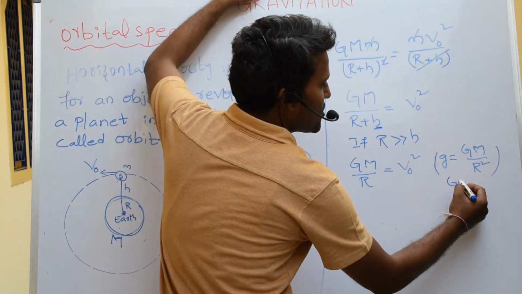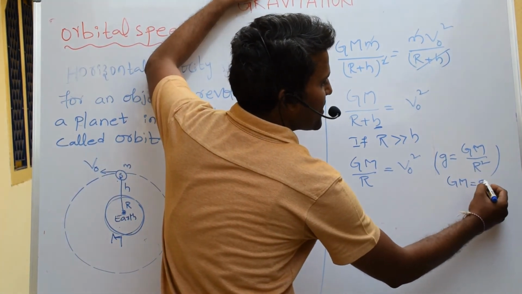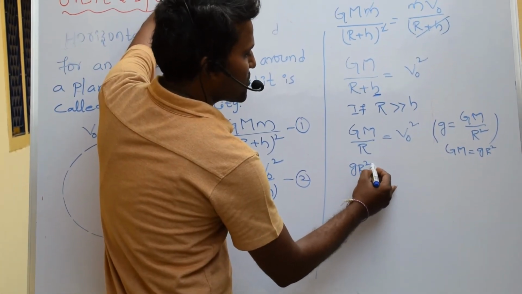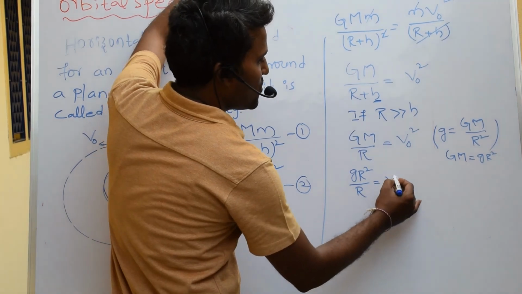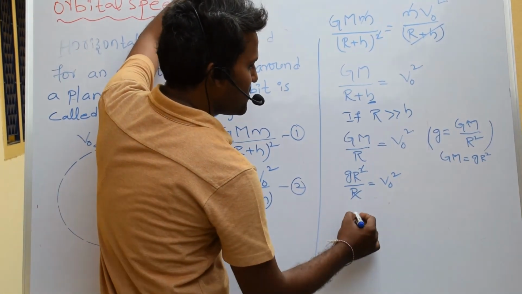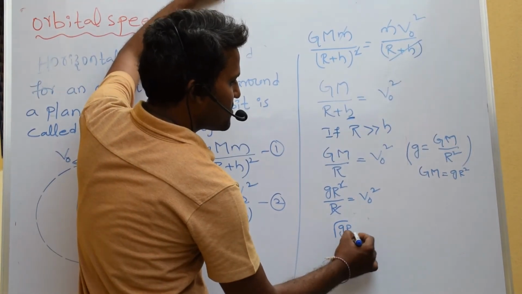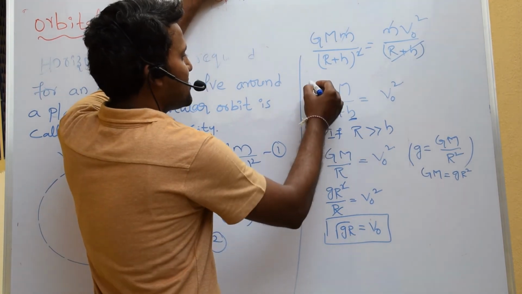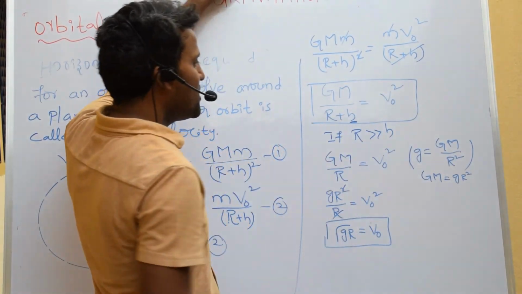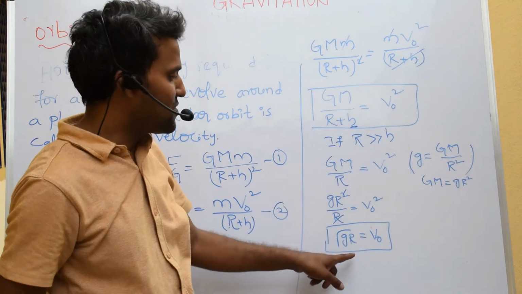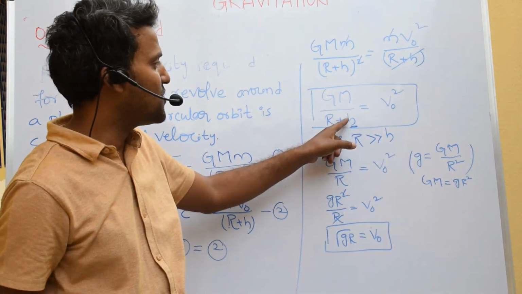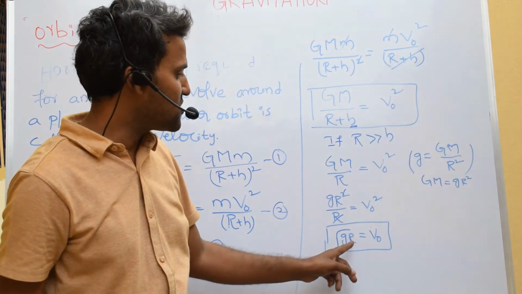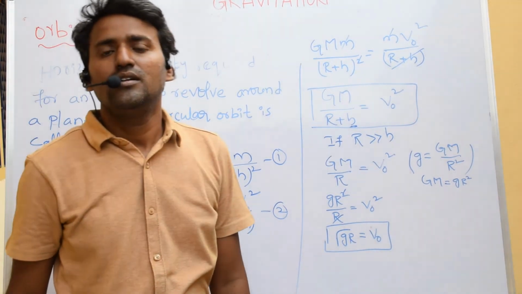So GM is equal to g r squared. G r squared divided by r is equal to v naught squared, r gets cancelled, so v naught is equal to the square root of g r. This is the escape velocity equation in terms of height, and this one is without height. When you consider the height, we use the first equation. Without considering the height, we can use orbital velocity v naught equal to the square root of g r.